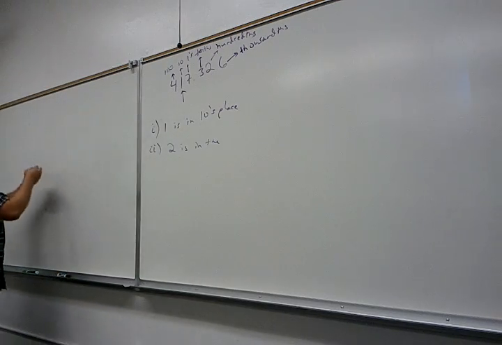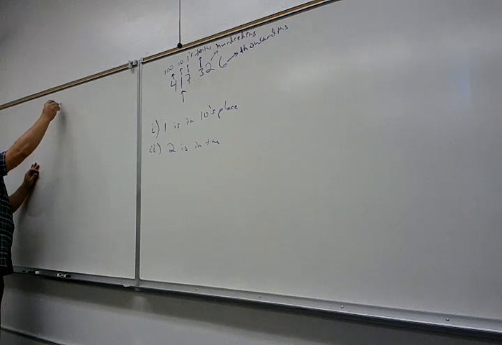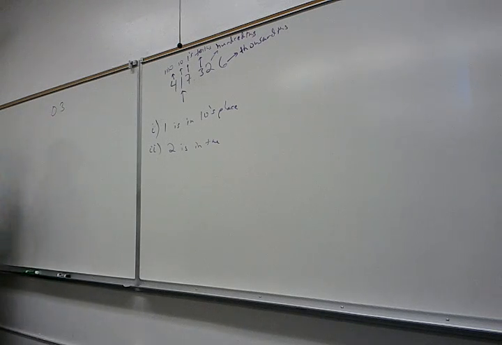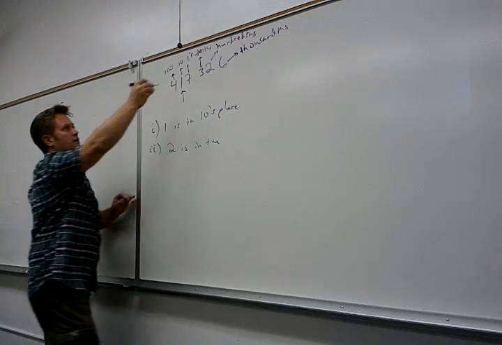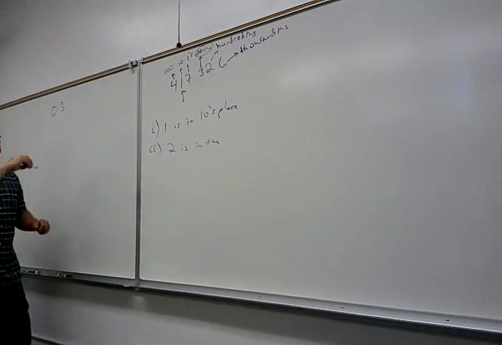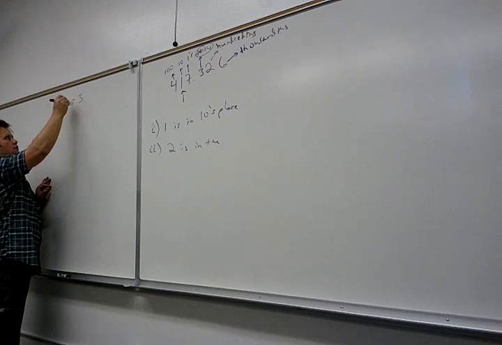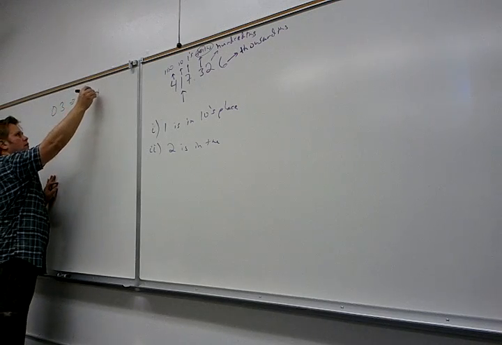So let's just focus on one piece of this number. How could I say that in English? Don't say 0.3. 3/10. Good, because it's in the tenths place. So in English, this is 3/10.